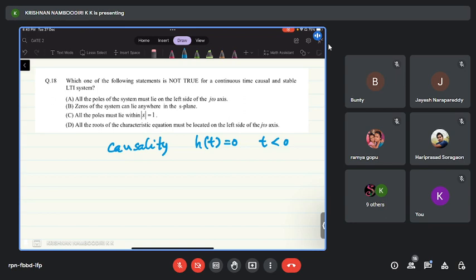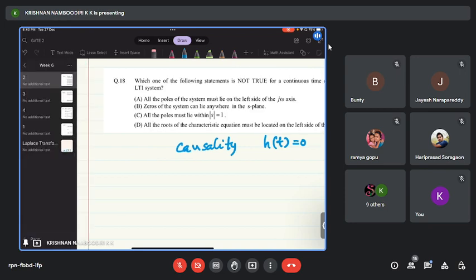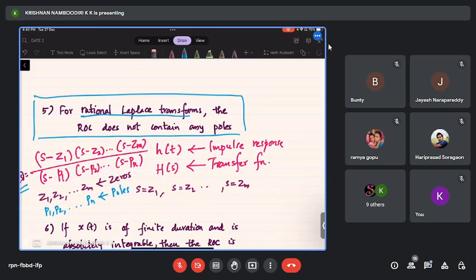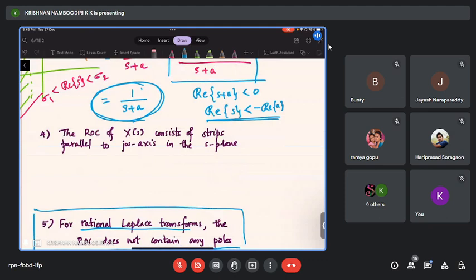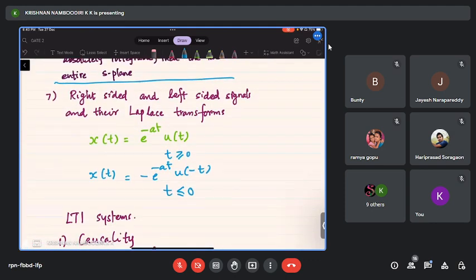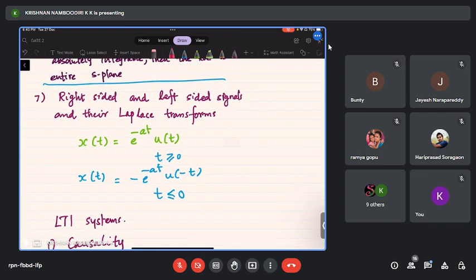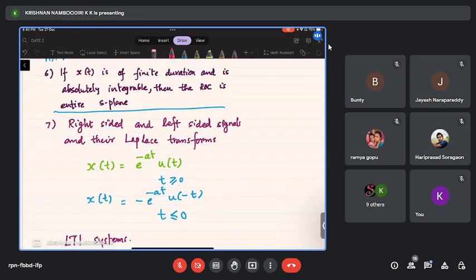One thing I forgot to tell in the previous case, so I will go there again: right-sided and left-sided signals. In the previous property, we have seen that the ROC cannot include any poles, correct?